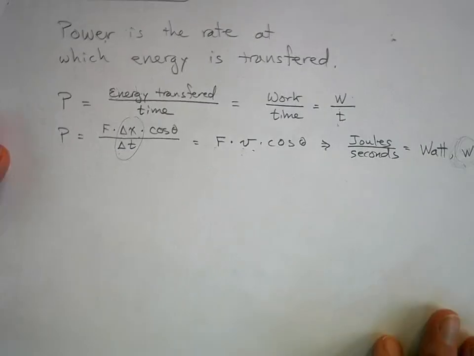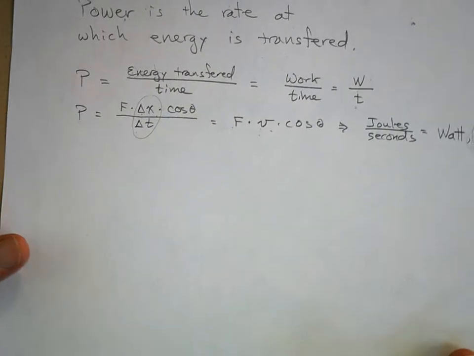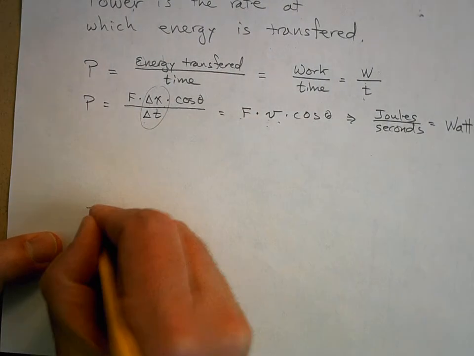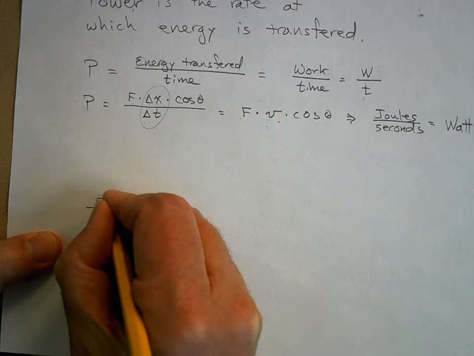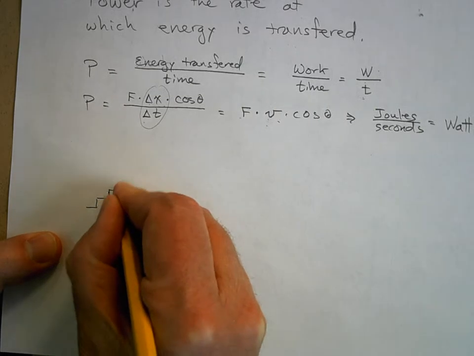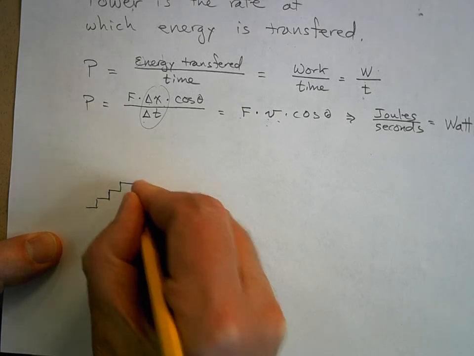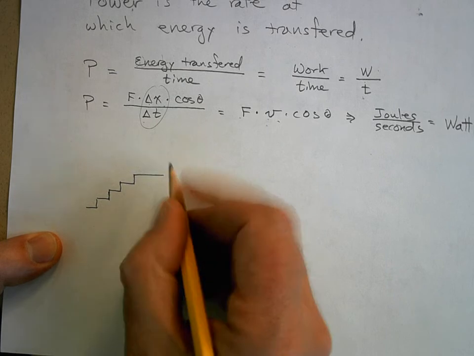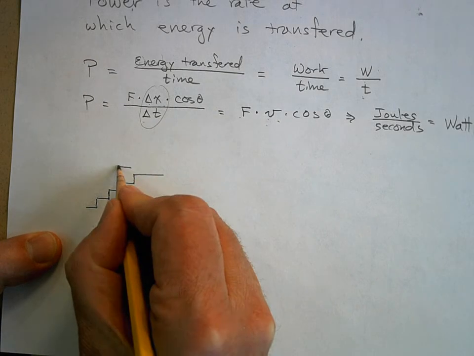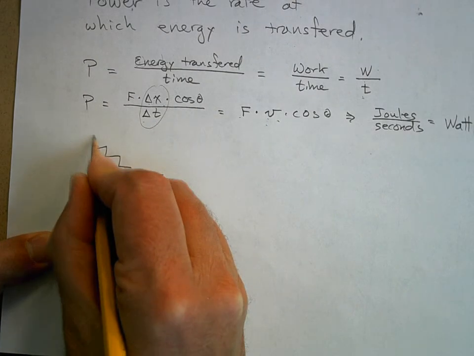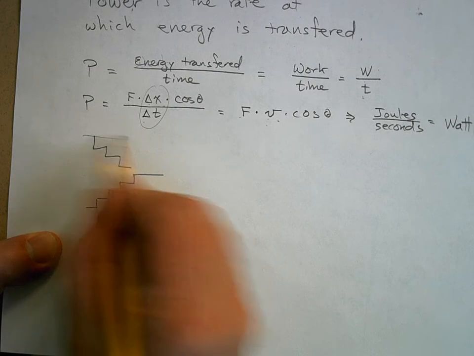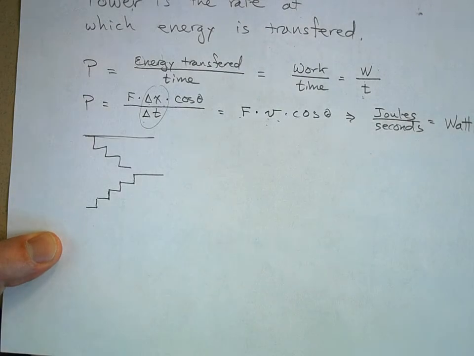Now, let's say what you're going to do today is you're going to run up a flight of stairs. So I'm just going to draw a flight of stairs. But then it's going to go back the other way until you get to the very top. This is going to be the main building. We're going to do this at the main building.